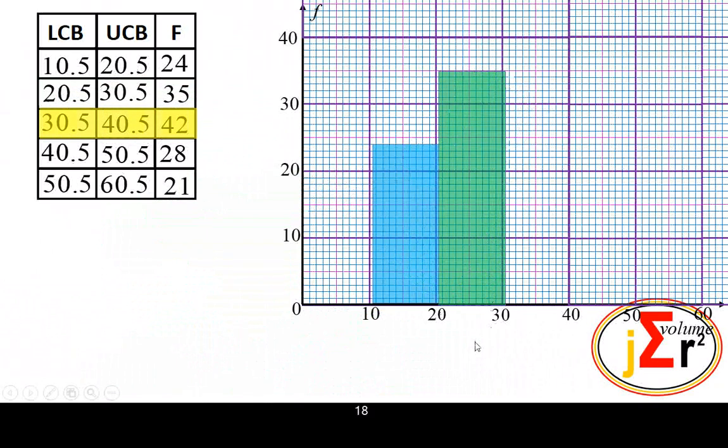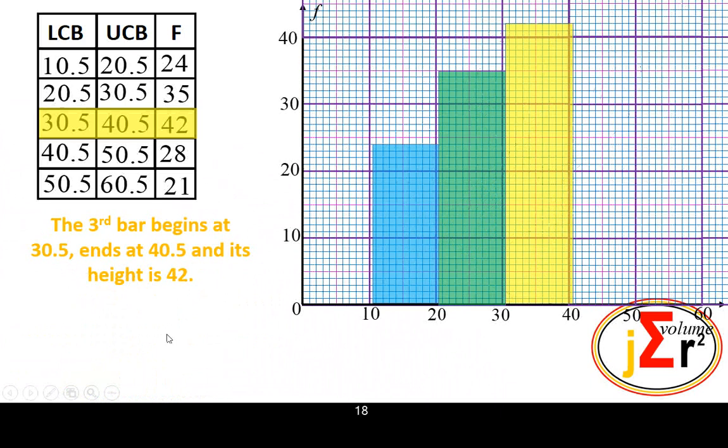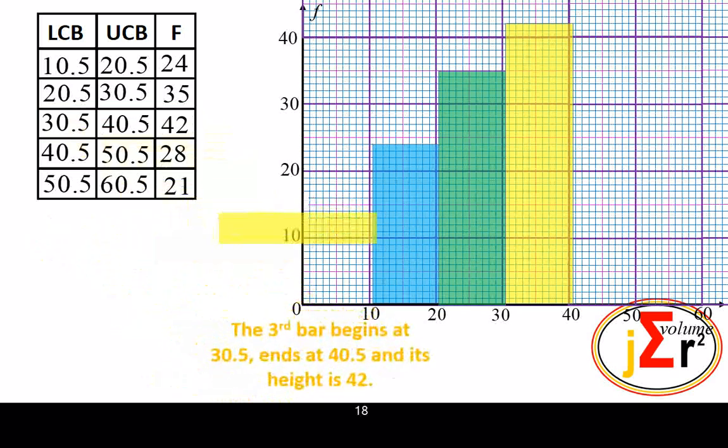The third bar will begin at 30.5, end at 40.5, and its height will be 42. 40, and then 1, 2. There it is. So where one ends is where the other begins, and that is how we show continuity, because we are representing continuous data right there.